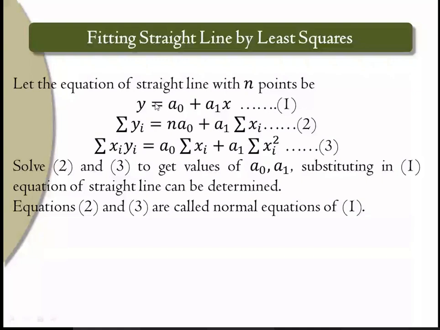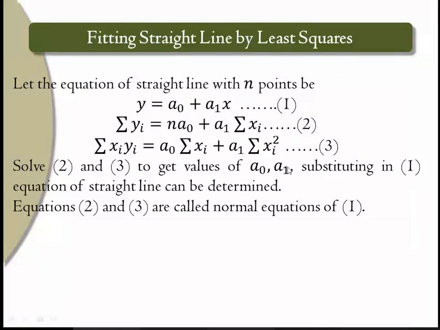If you are given the equation of line as x equal to some constant plus constant into y, then in that case, again, we take the summation first. And if we have x here, then we multiply by y and we take the summation. So if you have the equation as y in terms of x, multiply by x, take summation. If we have x in terms of y, then multiply both sides by y and then take summation.